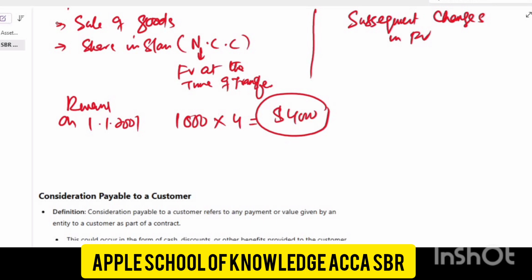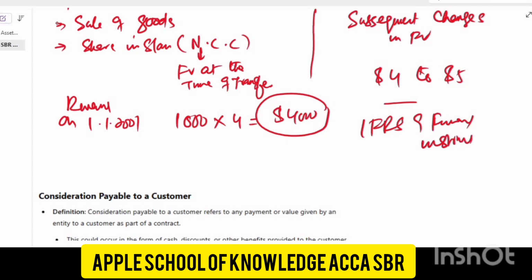So any subsequent change in the fair value of the share from $4 to $5 by December 2001 is not included in revenue recognition and should be treated under IFRS 9 Financial Instruments.